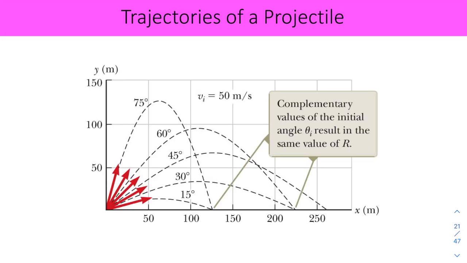Okay, trajectory of a projectile. So for the trajectory of the projectile motion from the origin, you can have many angles projected, right? So basically, sometimes in calculation, for example, if you see here, whether it's projected at 15 degrees or at 75 degrees, the delta R is the same.